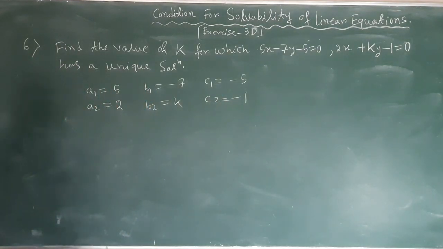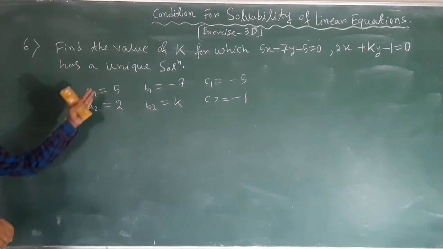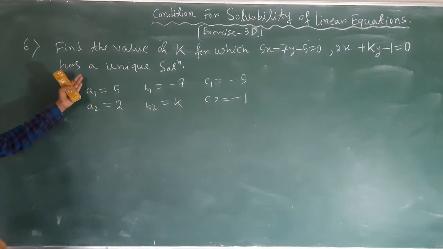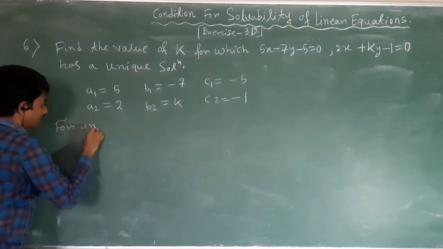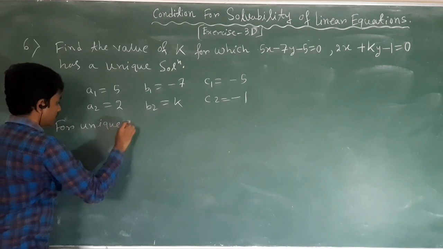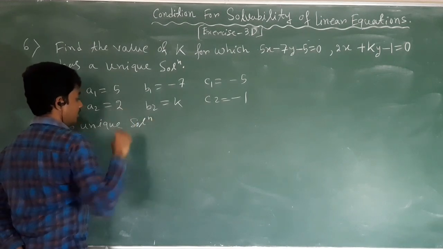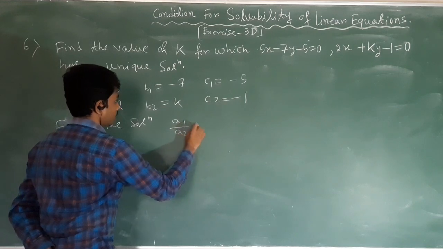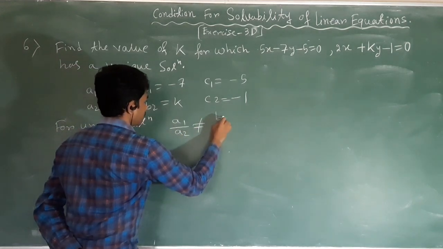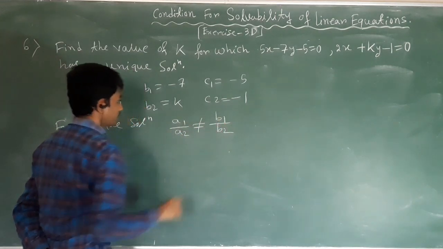So the given system of linear equations has a unique solution. So for a unique solution, we have a1 upon a2 is not equal to b1 upon b2.